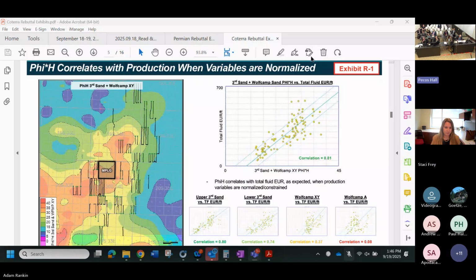Correct. So in all the previous discussions about the relationship between fluids, either total fluids or oil, and phi height, we've been talking about it in terms of R-squared, correct? Correct. So in order to make this apples to apples, we would simply square your correlation coefficient to get a 0.64 R-squared relationship, correct?